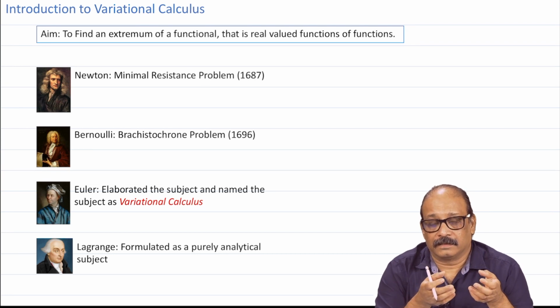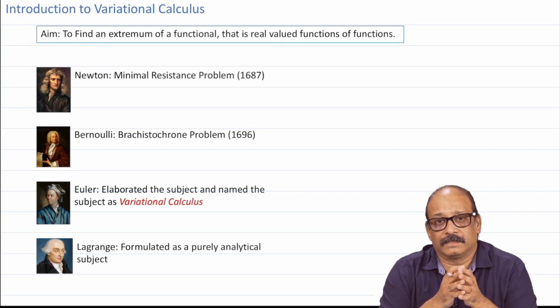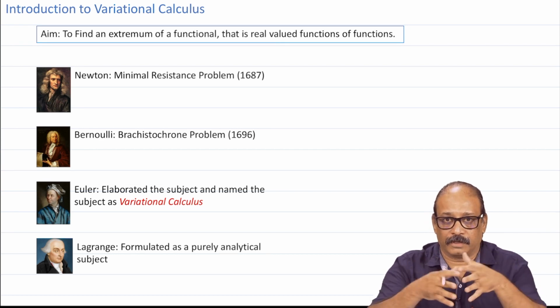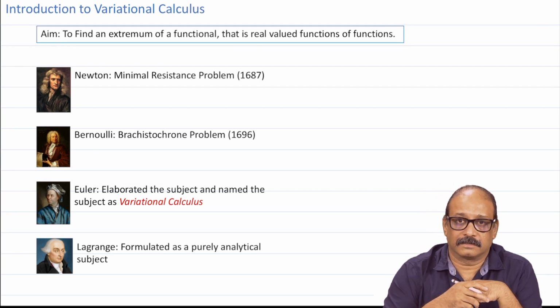Something that looks like an aerodynamic problem. You have a vehicle or aeroplane traveling through air, and you want to find out what should be the shape of the nose, so that it has the least resistance in the air.